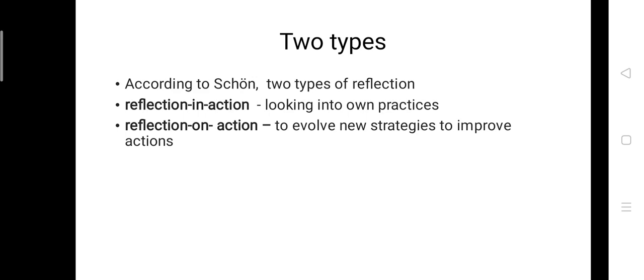And reflection on action is meant to identify new strategies. So there are some existing patterns or existing strategies or existing methods for doing things. So to evolve something different, we have to modify the practice, not for the sake of the practice itself, but we have to change something to evolve something new. So say for example, we naturally have our practice of submitting assignments as hard copies.